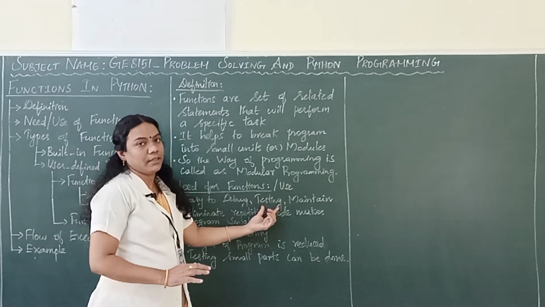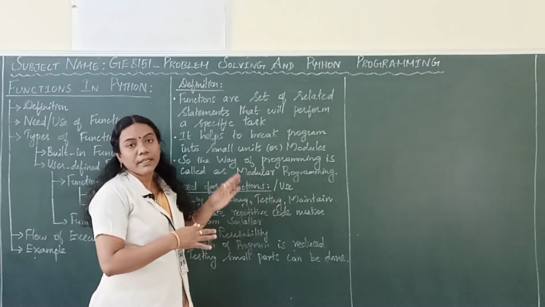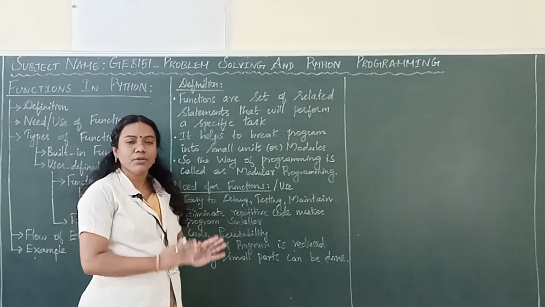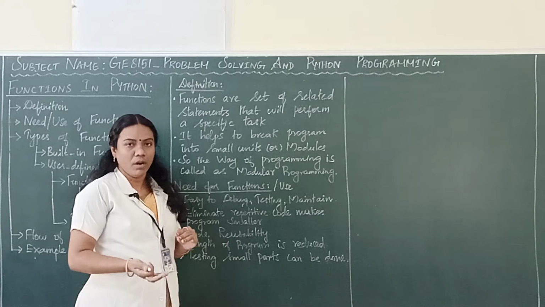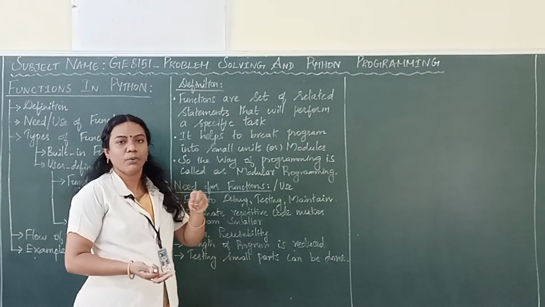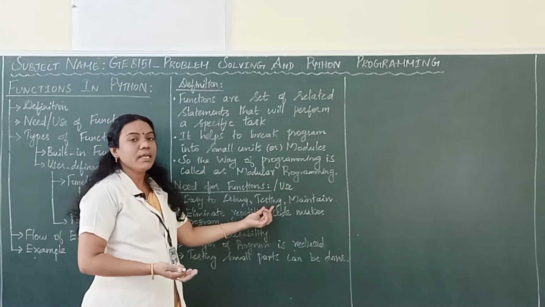Next one is testing. Testing is easy because we implement the program as small modules, and the small modules can be tested separately. If there is a modification in a small part, we only need to change that portion, not the entire program, so testing will be easy.